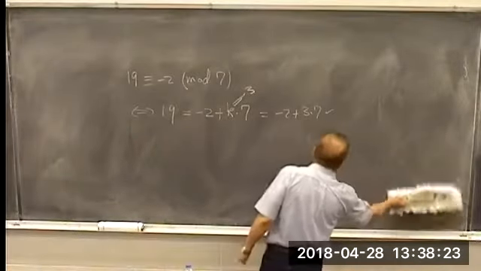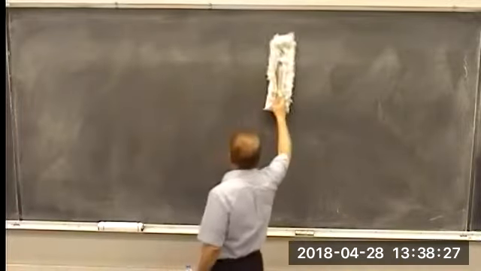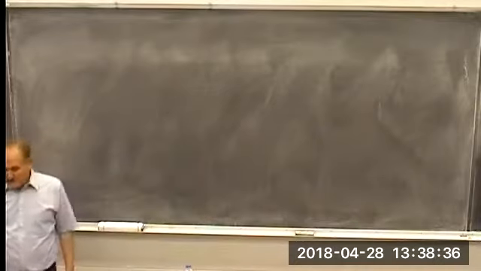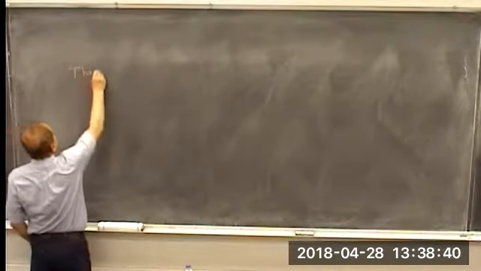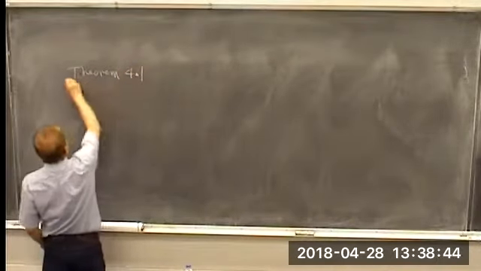Now we're going to start proving some basic properties concerning this relation. The first theorem shows that the congruence relation mod M is an equivalence relation. This is theorem 4.1, actually part of theorem 4.